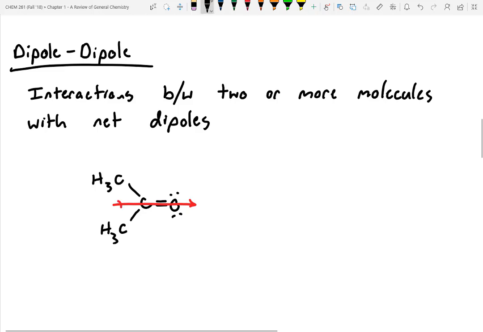If we have another molecule of acetone floating around, I'll draw it in over here. It's going to look like this, and it's also going to have the same net dipole. All of a sudden, though, you've got an electron-rich side close to an electron-poor side. There's a strong stabilizing interaction.